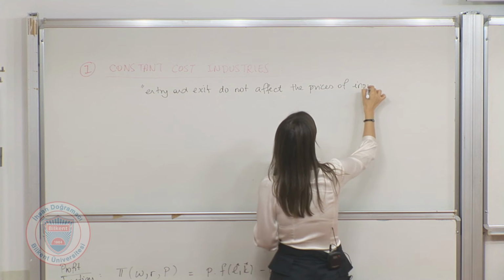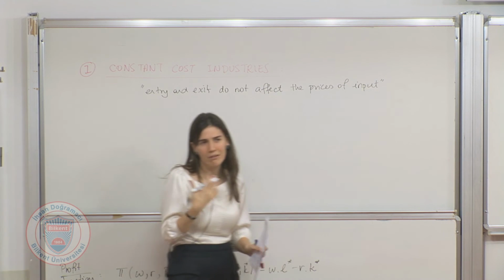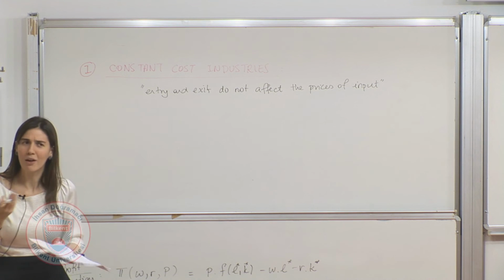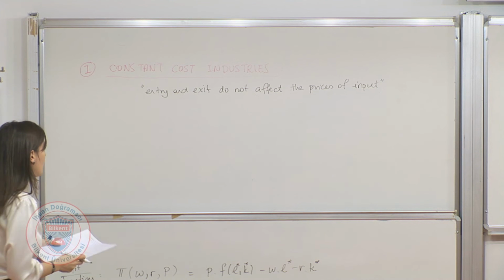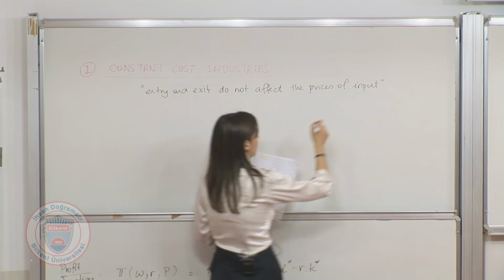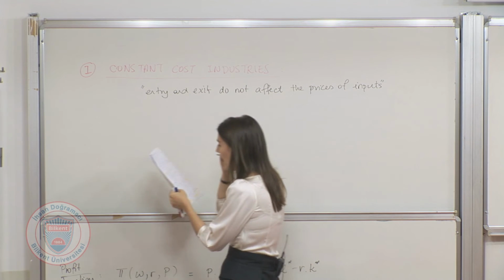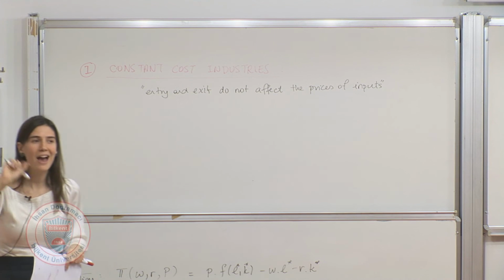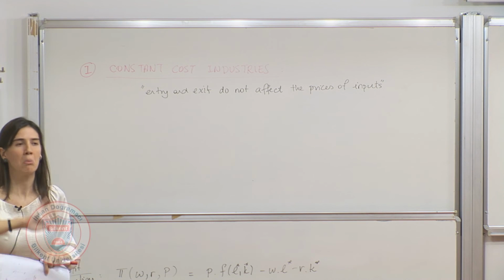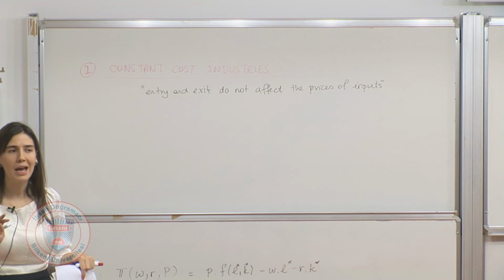But as you said immediately, that is not very realistic, right? It might change the prices of inputs, okay? Now, firms will have exactly the same cost before and after the entry and exit.